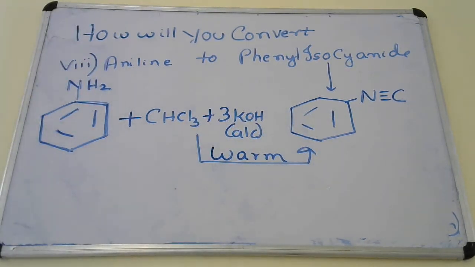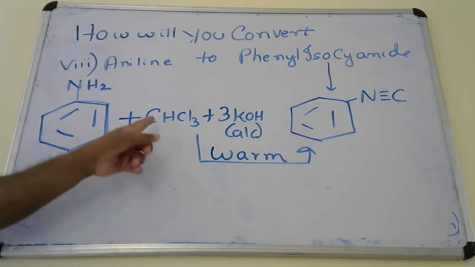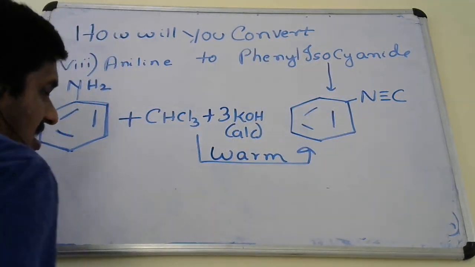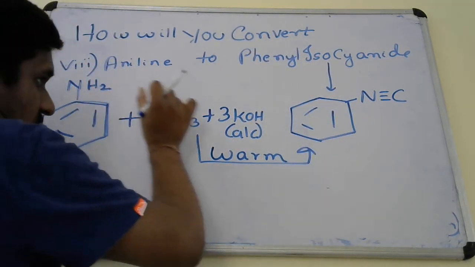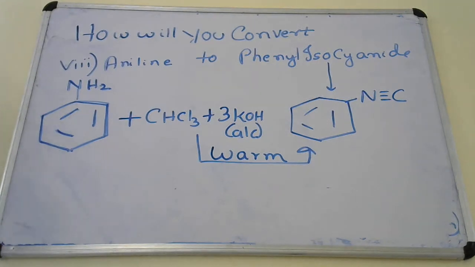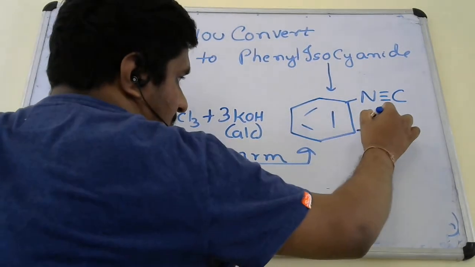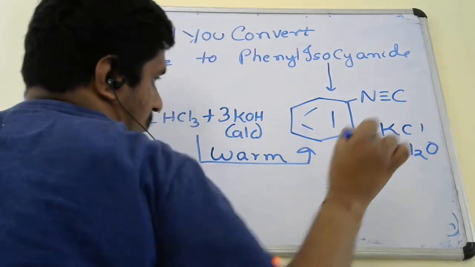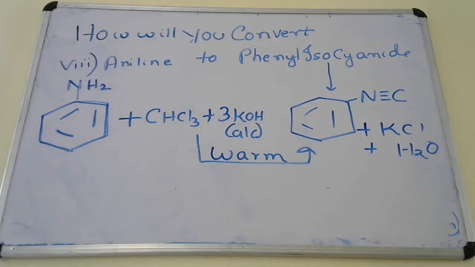CHCl3 means chloroform. We have to warm the mixture. Then you will get benzene isocyanide. NH2 is converted into the isocyanide group. Obviously you will obtain some side products, KCl and H2O.